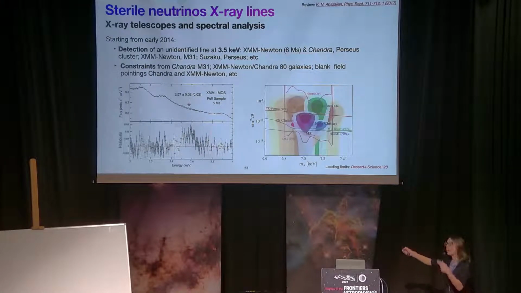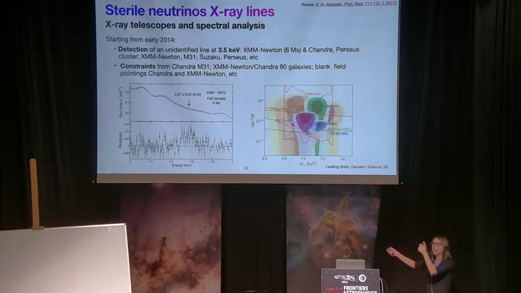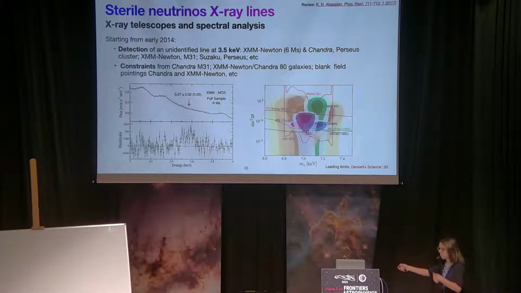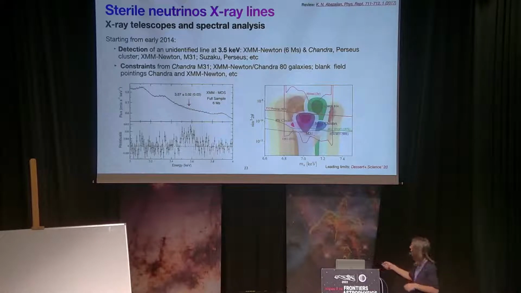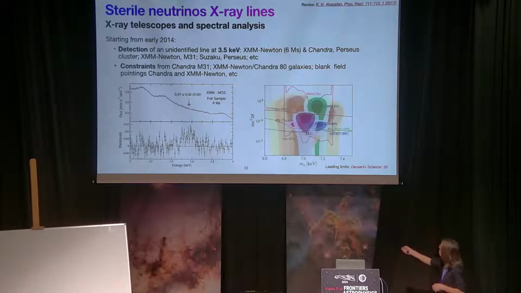You can then reinterpret this anomaly in your parameter space for sterile neutrinos, because if this is a non-understood line, it could also be sourced by the decay of sterile neutrinos. You can put these detections here as closed contours in this parameter space, and those were claimed from different instruments and different targets, so quite convincing.